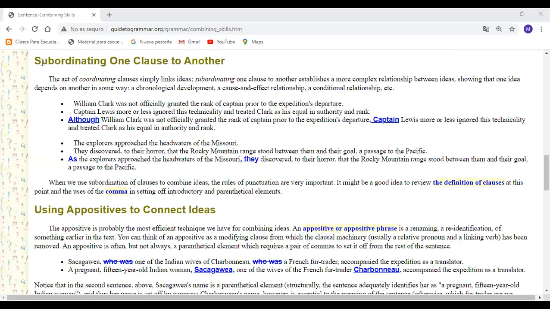First of all, you're going to put rule number 1. The title is sentence combining. Sentence combining. Rule number 1.